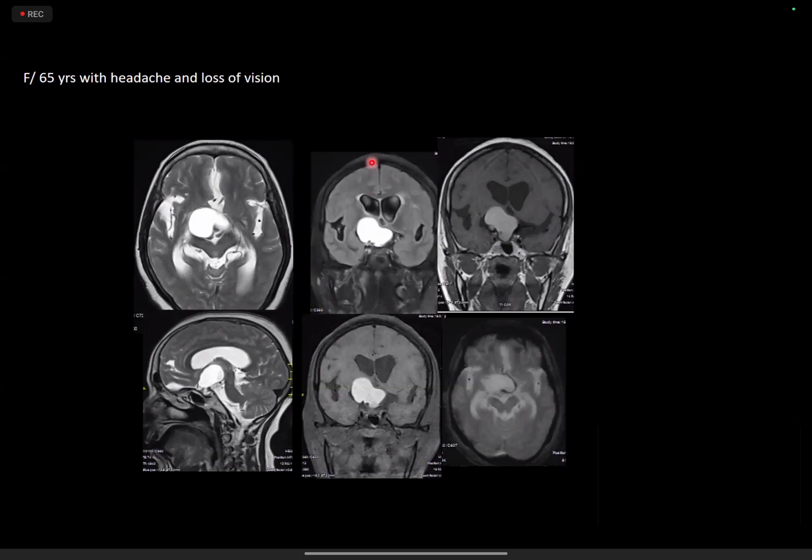Ma'am, there's a T2 hyperintense, T2 FLAIR hyperintense, and T1 hyperintense lesion in the sellar and suprasellar region, which is causing compression on the third ventricle and extending towards the right gangliocapsular region.